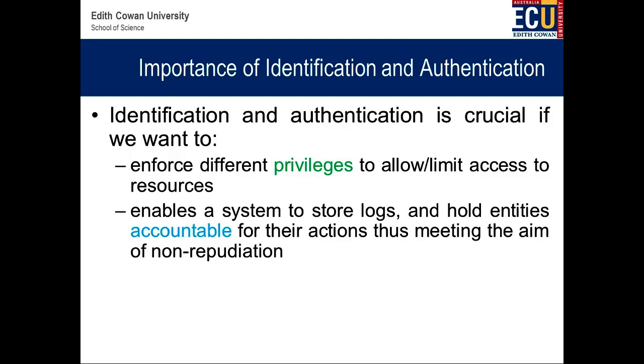So the system decides what privileges a user has. It also allows a system to do accountability against that user ID. Once that system starts maintaining all the actions you are performing, that also achieves non-repudiation, which is one of the 5 aims of computer security.